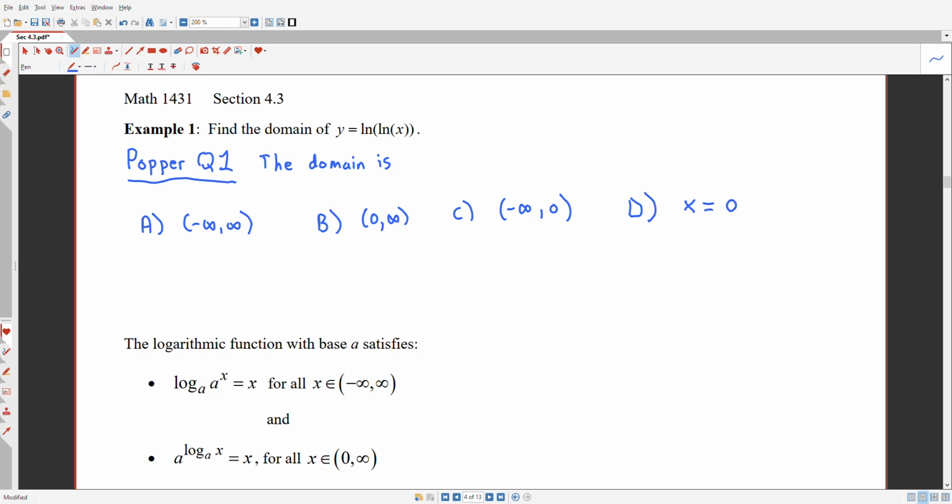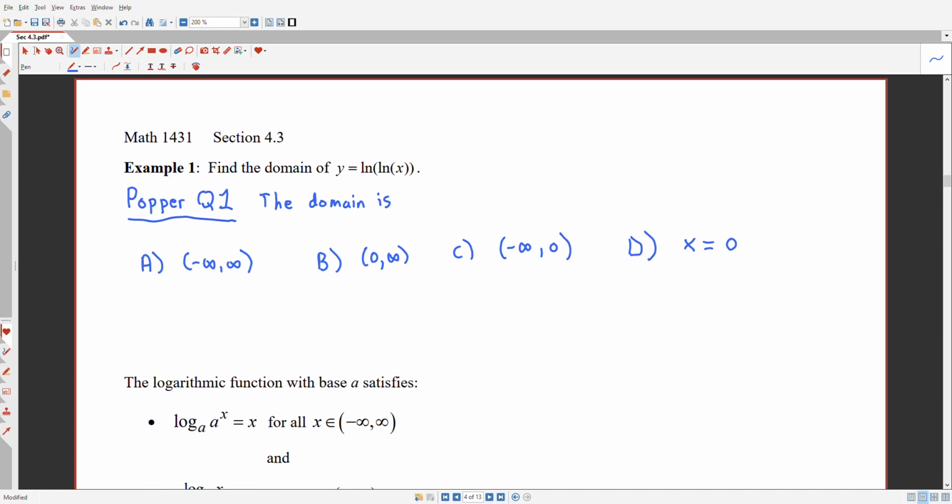Okay, so it's probably good to pause the video and think about this here. But if you've given yourself an opportunity, let's try and think it through ourselves. Well, one thing we have to be a little careful about here is this is a composition of functions.